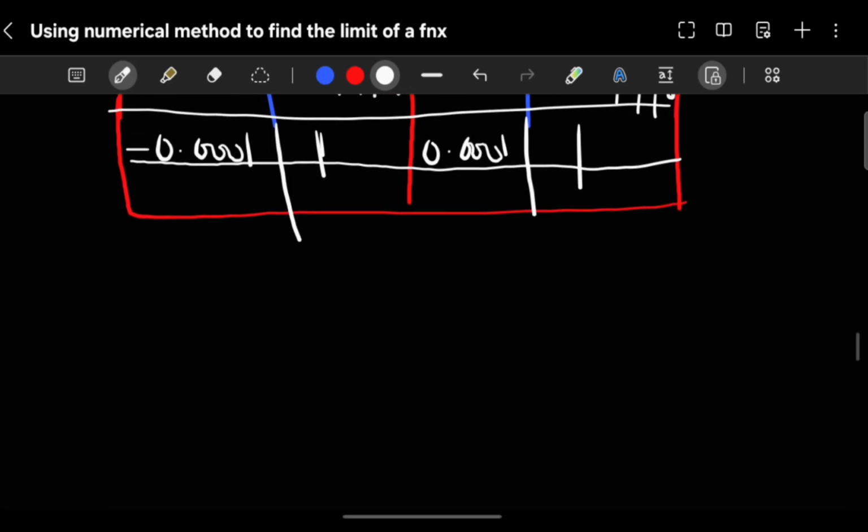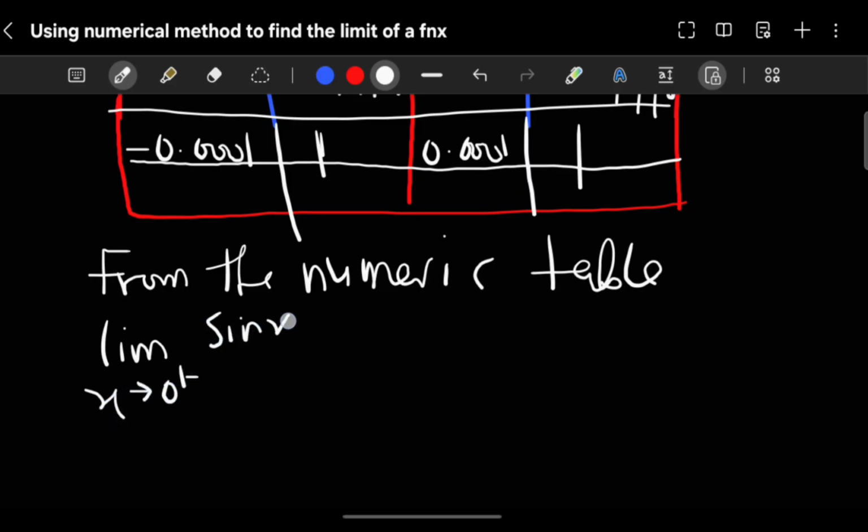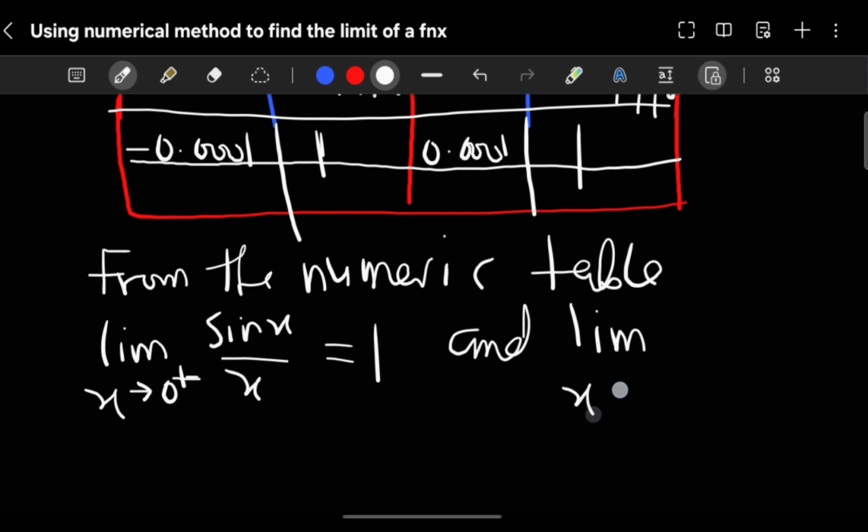So what are we going to say? We say that from the numeric table, the limit as x approaches 0 from the right hand side of sine of x divided by x approaches 1, and the limit as x approaches 0 from the left hand side of sine of x divided by x also approaches 1.